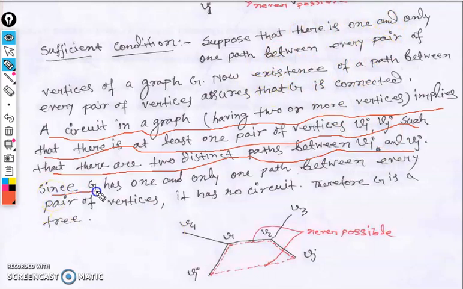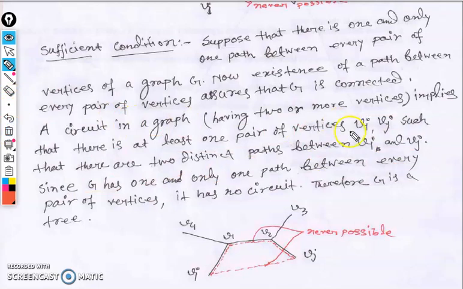Since G has one and only one path, this is very important, it should not happen that it forms a circuit. So it's a simple connected graph, satisfying the definition of a tree, so it should be a tree.